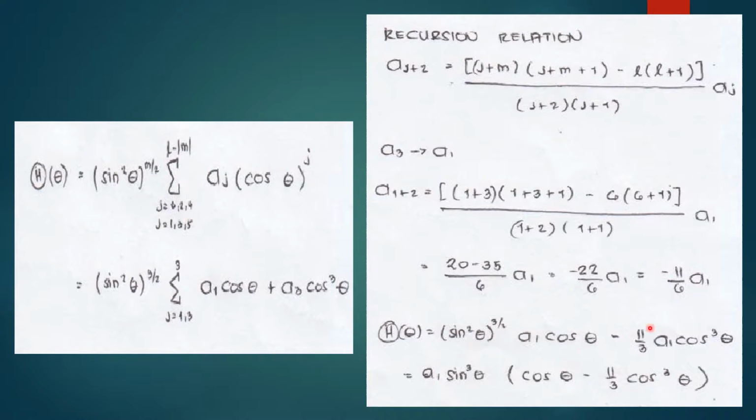So, substituting this a3 into our original equation, theta is equal to sine squared 3 over 2 times (a1 cosine theta minus 11 over 6 a1 cosine cubed theta). Then, theta is equal to a1 sine cubed theta times (cosine theta minus 11 over 3 cosine cubed theta).